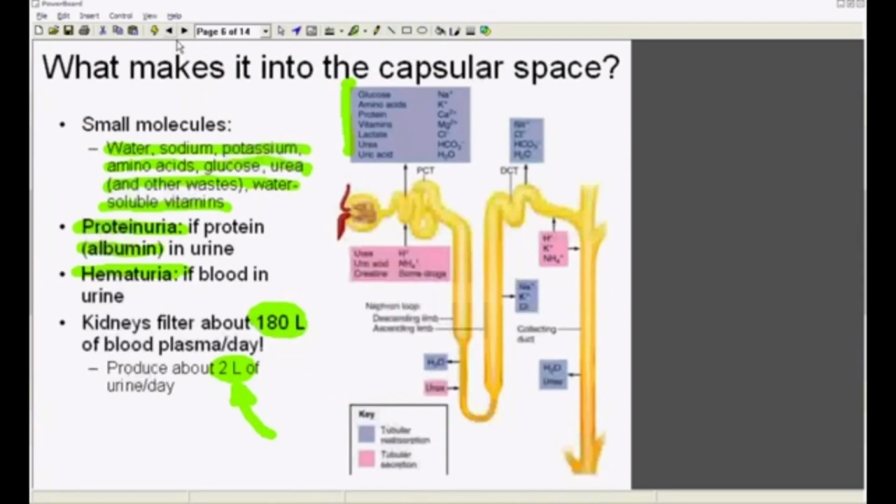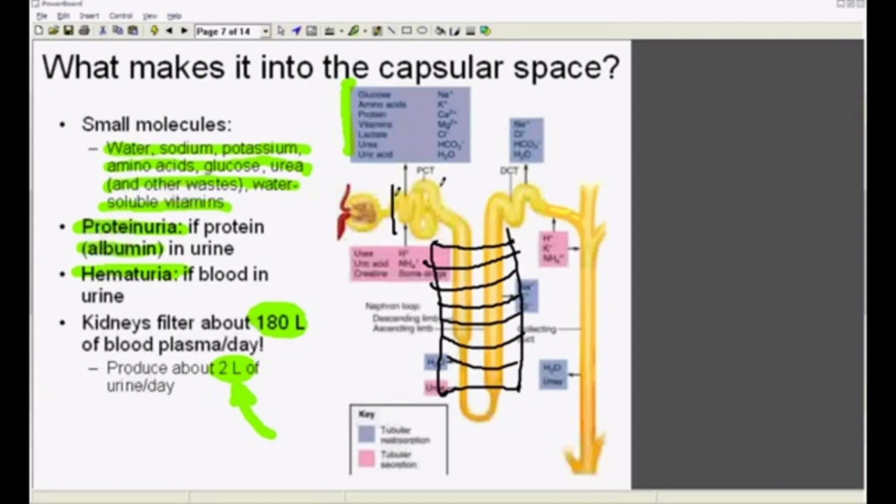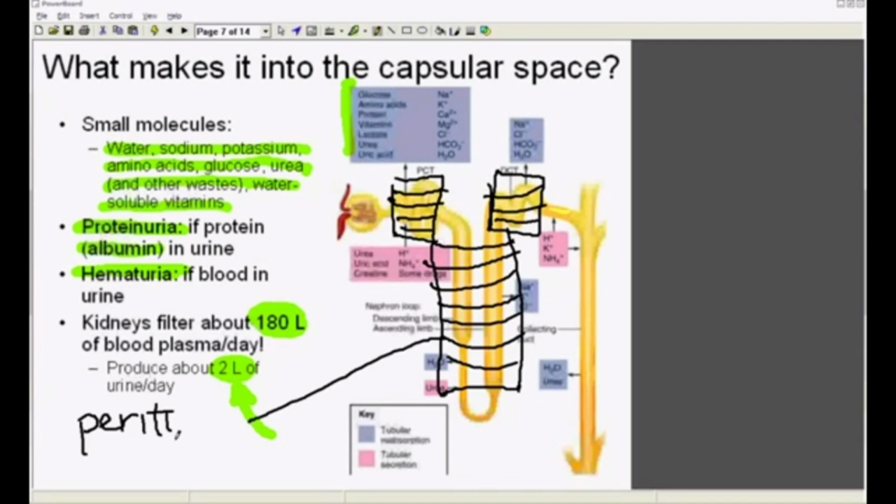Now, I have to back up here for 1 second, back to this picture here, and I need to tell you something, which is that if we look at our basic nephron here, one thing I forgot to mention before is that there's a network or net of capillaries that surround places like the proximal convoluted tubule, the distal convoluted tubule, and the nephron loop, and these are all called the peritubular capillaries, meaning that they're located peripheral to or next to the renal tubule.